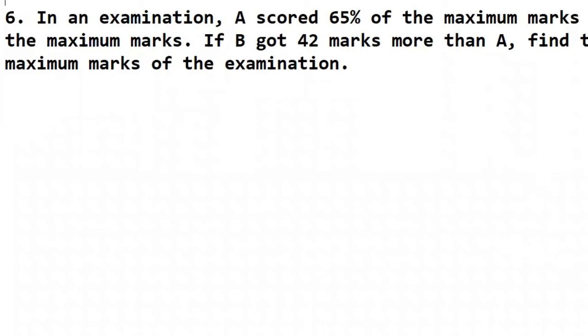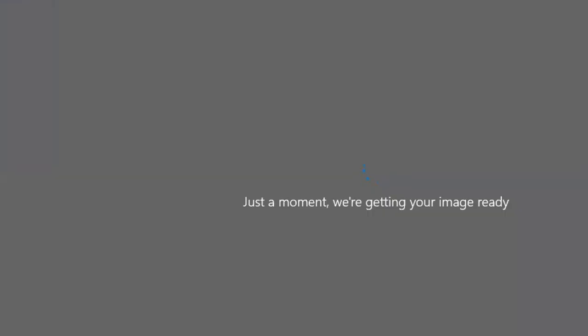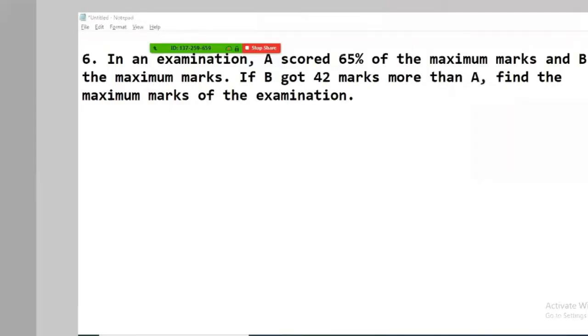If B got 42 marks more than A, find the maximum marks in the examination. Please pause the video and try to solve this question. I hope you are done with your solution.